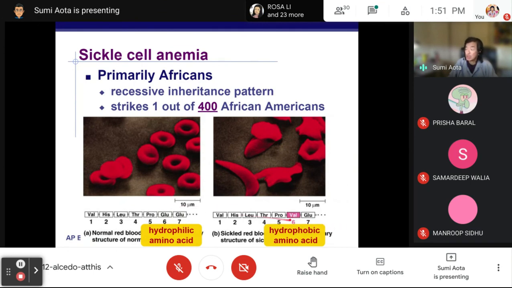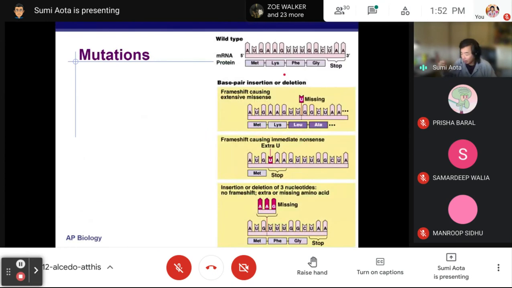So it literally changes the secondary structure and the tertiary structure of the hemoglobin molecule, causing it to deform in this manner. Okay. And because it occurs in reproductive cells, in the gametes, it's a recessive inheritance pattern, and it strikes about the same percentages in African Canadians as well, about 1 out of every 400. Okay. Another recessive genetically inherited, oh, actually, we'll talk about it after.